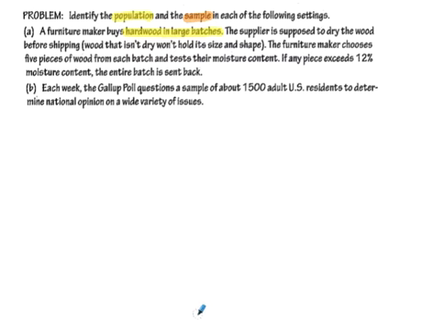Your sample is going to be the pieces you are actually talking about from your population. Because our population is hardwood in large batches, the furniture maker chooses 5 pieces of wood from each batch and tests their moisture content. That is your sample.